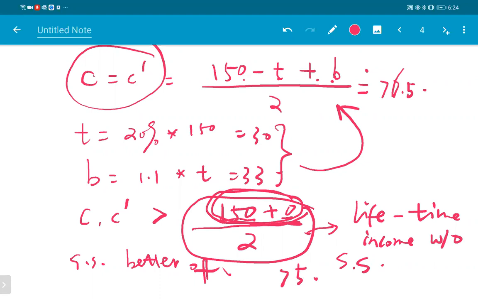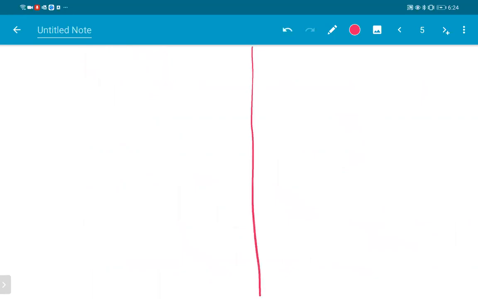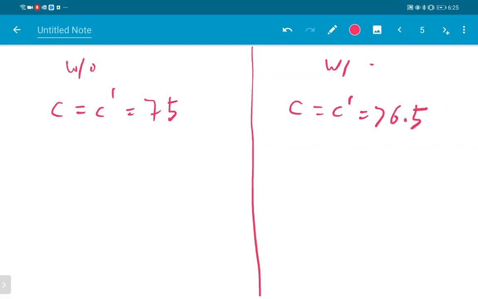So what does that mean? Without Social Security, C equals C prime equals 75. With Social Security, C equals C prime equals 76.5. So saving equals 150 minus C, which is 75.